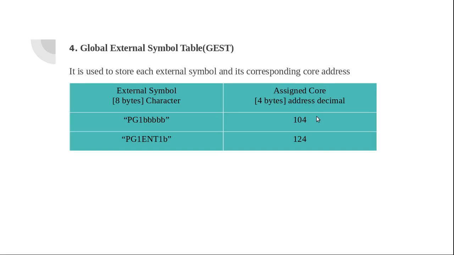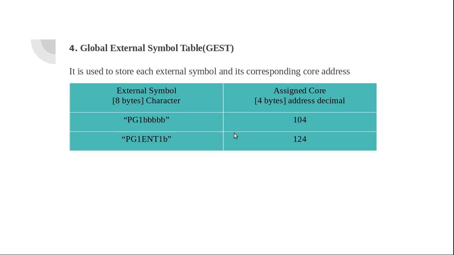Then the second column gives the absolute address, that means the real address where we can see the definition for this symbol. So 104 is the absolute address for the symbol PG1, and since we are reserving 8 character space, we are giving random values BBBB here.